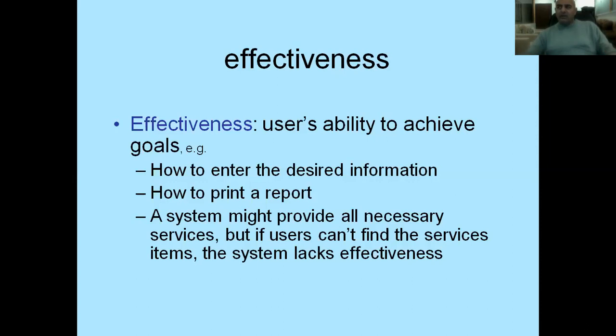If the user interface is complex and the user takes a long time to find something in it, this product is not effective because of the user interface, and this will slow the work of the user, and everything will not be as we expect or need. Because of that, effectiveness is very important.